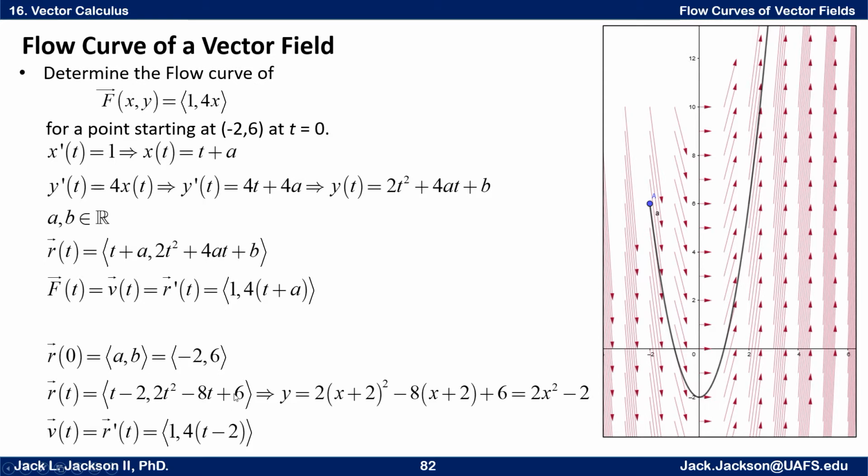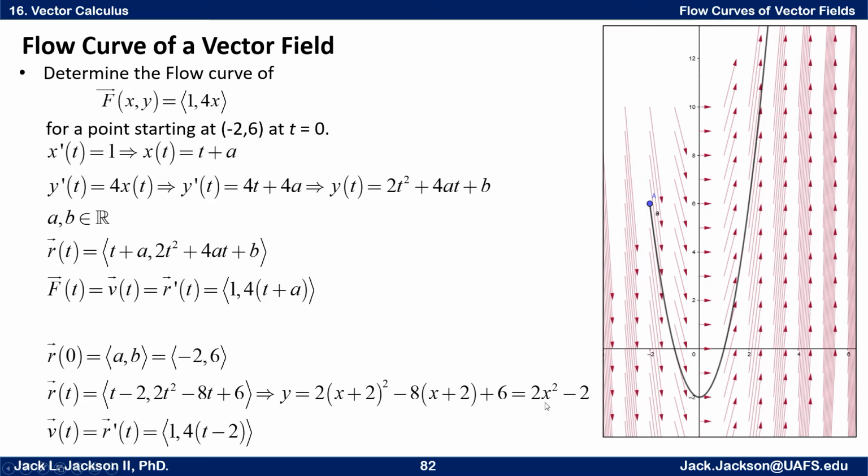And this is a parabola. One way we can see that is if x is t minus 2, then t is x plus 2. So I can put the x plus 2 in place here, and that's going to be y in terms of x. Square this out, combine like terms.